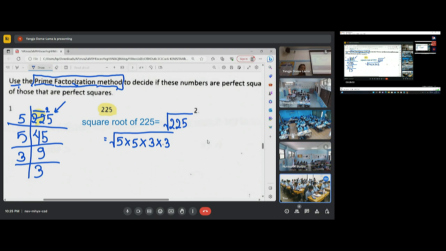Understand? Yes, because in the factorizations we found 5 times 5 times 3 times 3 makes 225. Okay? Yes? So now here what we do? We group together 5 times 5, 3 times 3. So we found 5 square. Okay? Now we can separate the squares with the root and 3 square. Do you understand this?